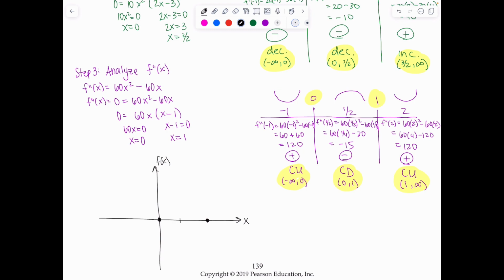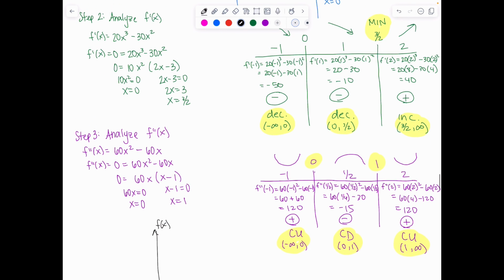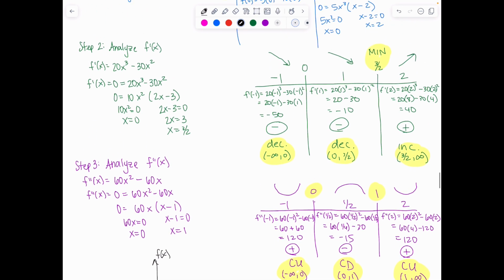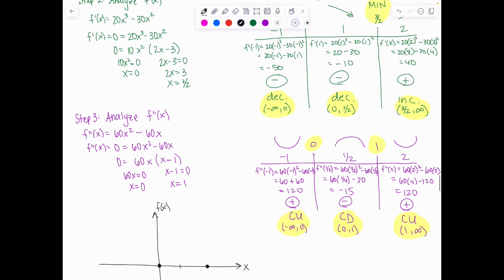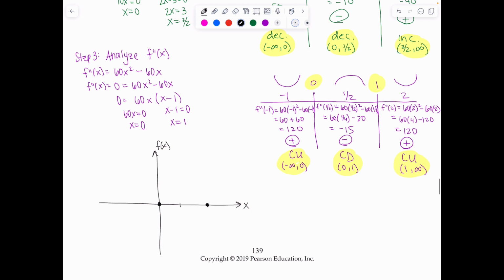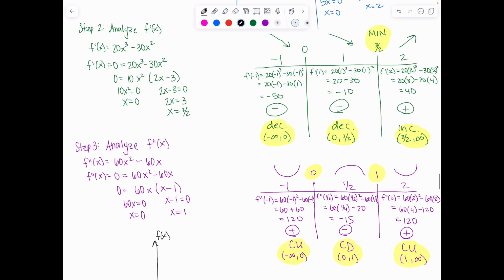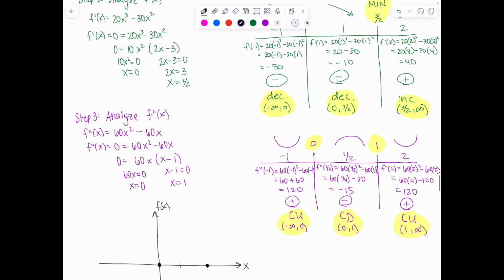And we know we're decreasing and concave up at 0. We switch to concave down, but we're still decreasing. We have a minimum at 3/2.